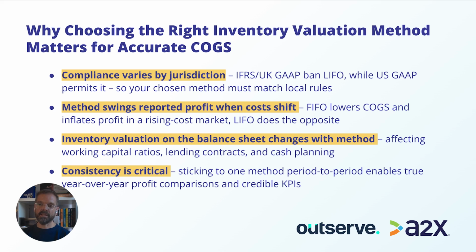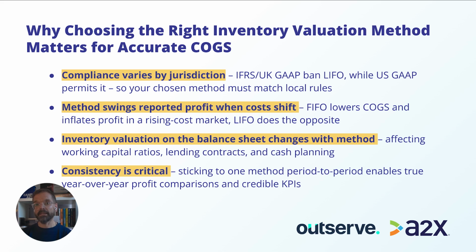But I think there are some key things to think about straight away between the different methods, because it will actually change the profit that you're showing every month. We often see this where costs are rising or costs are falling. So in the first in first out methodology, if you were buying a product 6 months ago and that was costing you less than it is today, then you're actually going to charge your cost of goods sold account a lower amount.